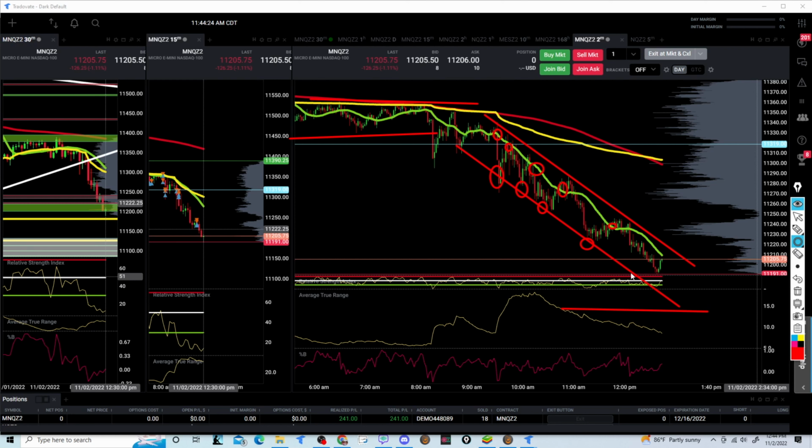Okay, if price breaks above the 20, just wait for it to get back below the 20. Okay, now I know you're looking at this saying, well, it hit the top of the range. Correct, it did. All right, but we're not talking really top of the channel, but right now we're just focusing on the 20 and the 200 as a strategy in and of itself.